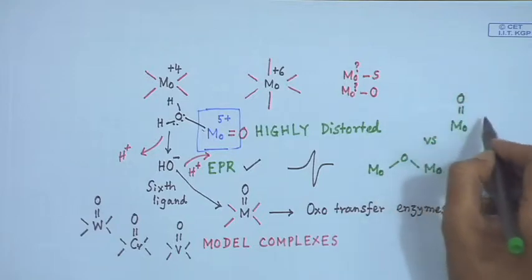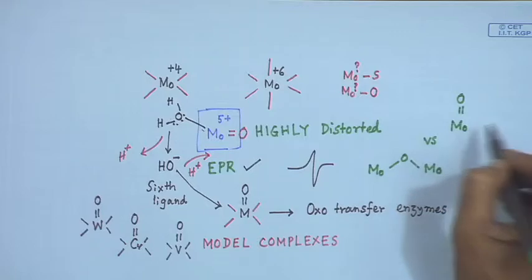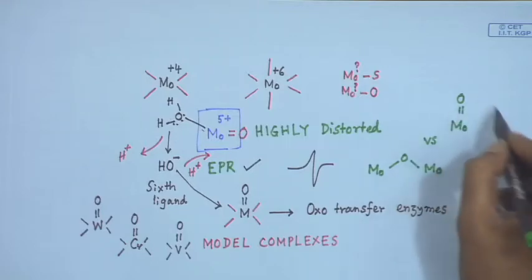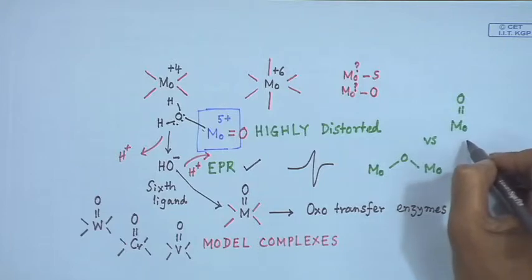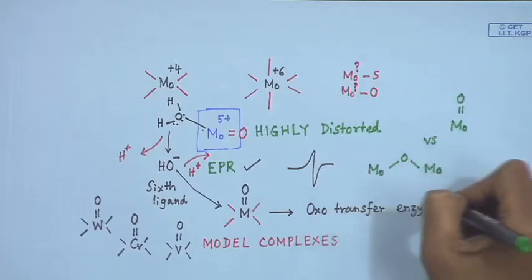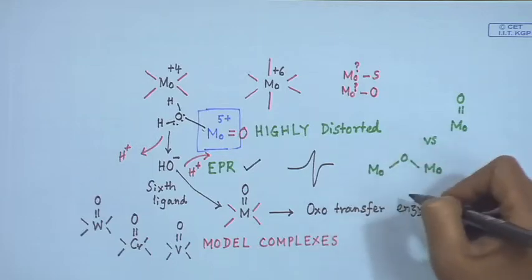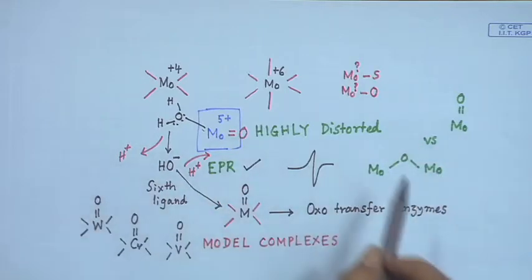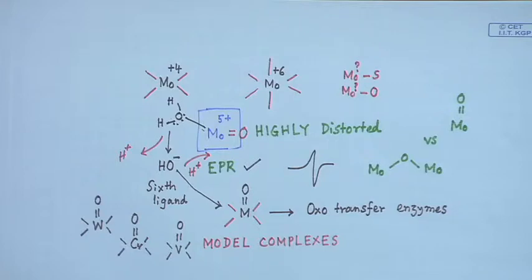So, if one mononuclear molybdenum oxo form reacts with another non-oxo form of this molybdenum, and if this oxo attacks that molybdenum, we get the molybdenum oxo bridged dimeric unit. But in all these cases what we are discussing is our mononuclear system. In the mononuclear system you have the metal bonded to the oxygen in a double bond.